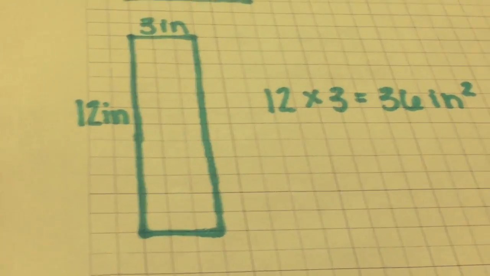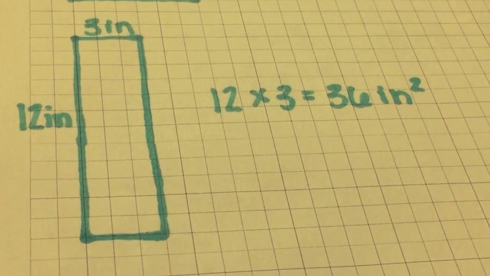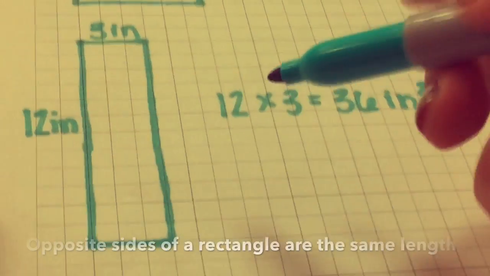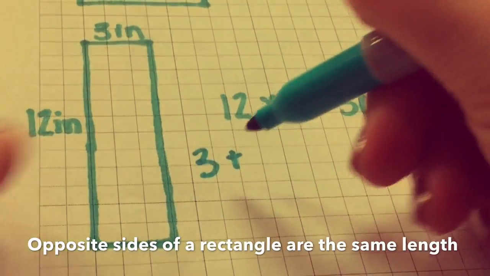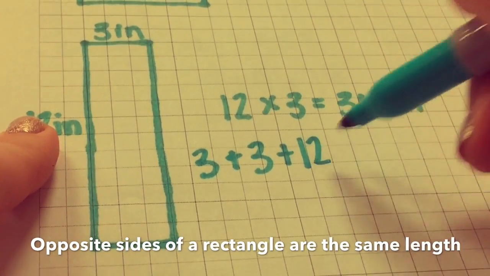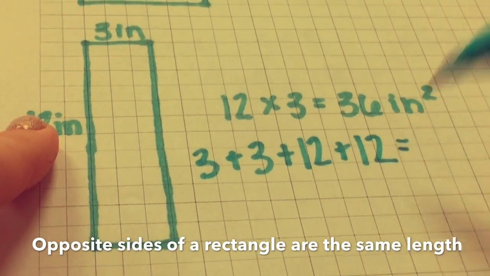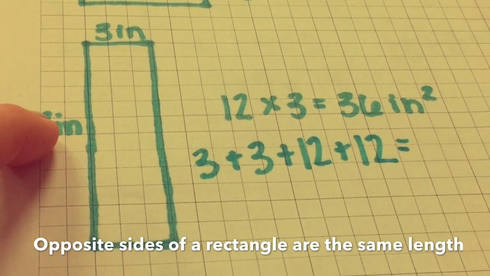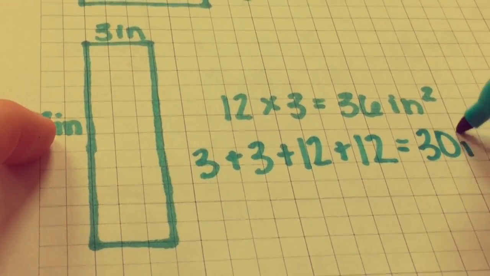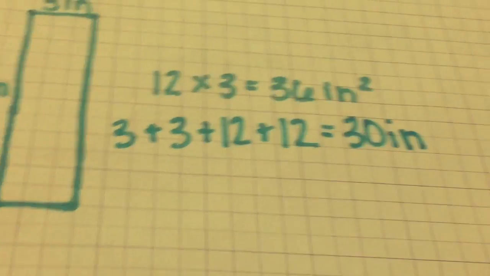All right, now let's pause and find the perimeter of our second shape right here. If you thought that you could find the perimeter by adding up 3 plus 3 plus 12 plus 12, you are correct. Our perimeter of our second shape is 30 inches.